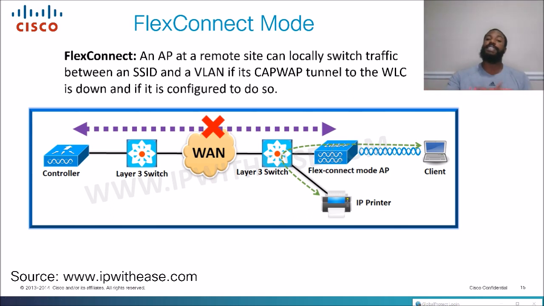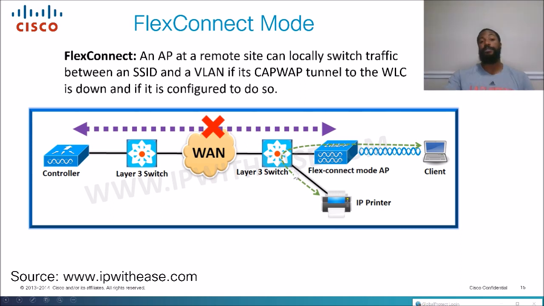Just look at this image right here. Normally this AP talks to this controller, but if the controller is down, it can't talk to the controller, obviously. So it's going to locally switch the wireless traffic to the wired traffic. This is FlexConnect mode.